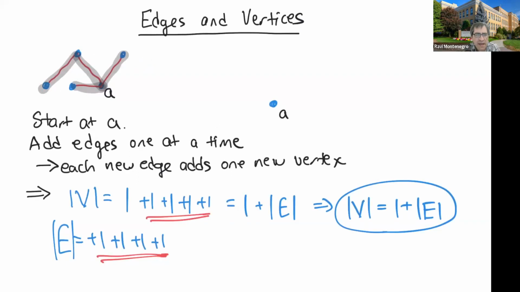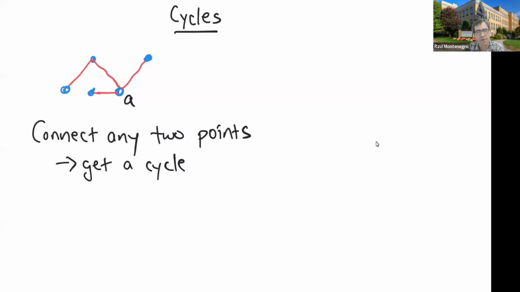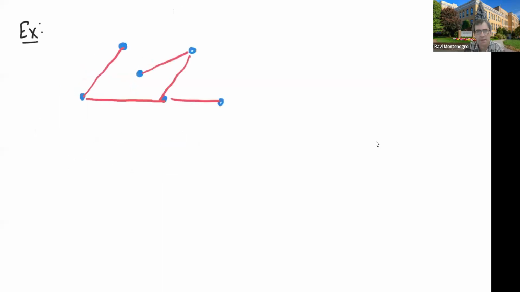And if you consider a connected graph that has the property that the number of vertices is 1 plus the number of edges, then likewise, you again get a tree. You can find additional properties of trees if you look online, but these are perhaps the two that are the most useful. Let's try out those properties on an example.